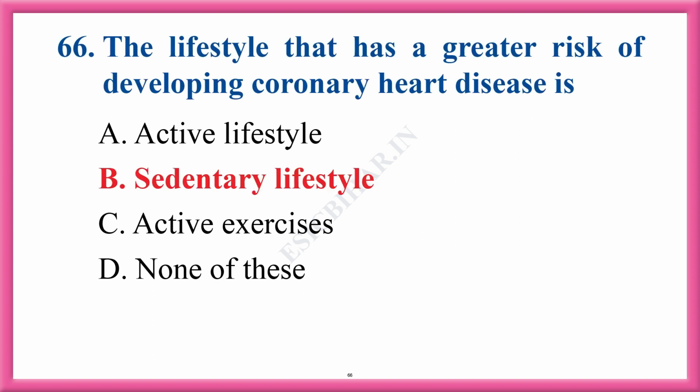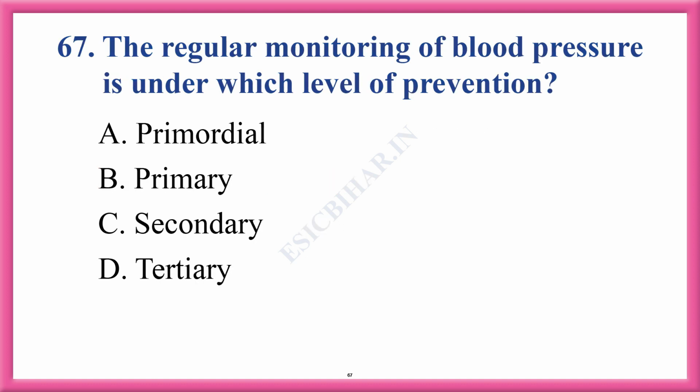And the answer is B. Sedentary lifestyle. Question 67. The regular monitoring of blood pressure is under which level of prevention? A. Primordial. B. Primary. C. Secondary. D. Tertiary. And the answer is C.